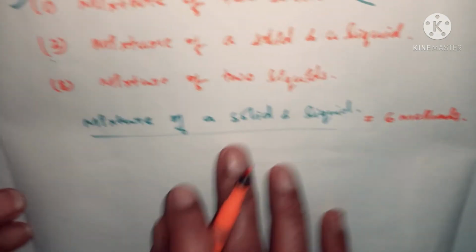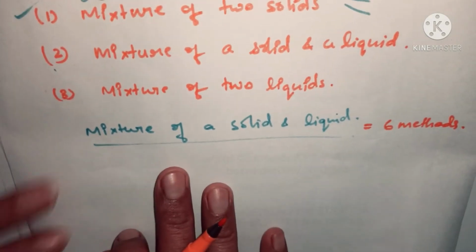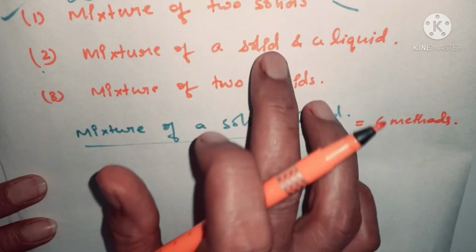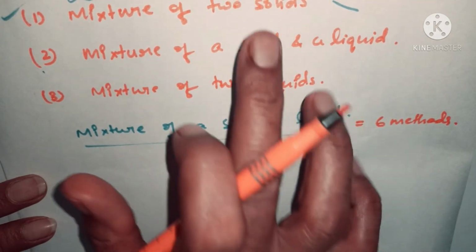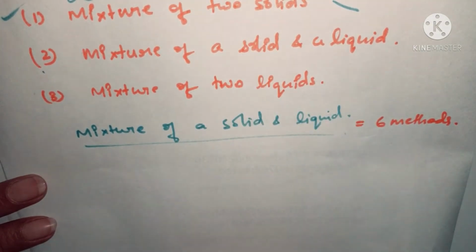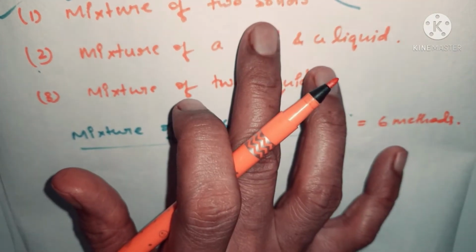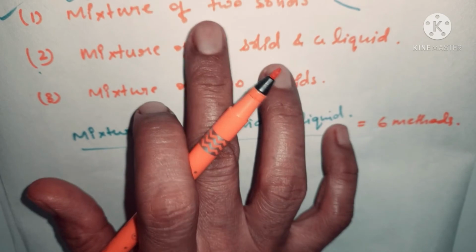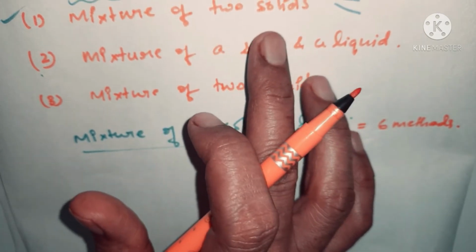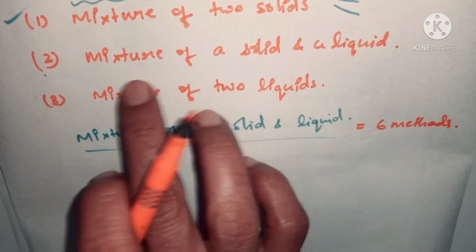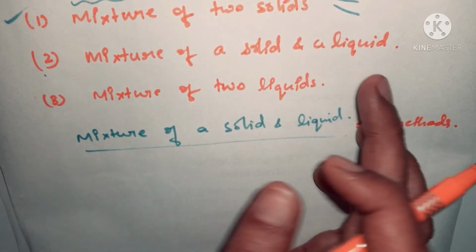But now, first of all you have to keep in mind how this category is divided. It is divided according to the components present in the mixture. In the first case the mixture contained both solute and solvent as solids only. The second category has a mixture of a solid and a liquid.